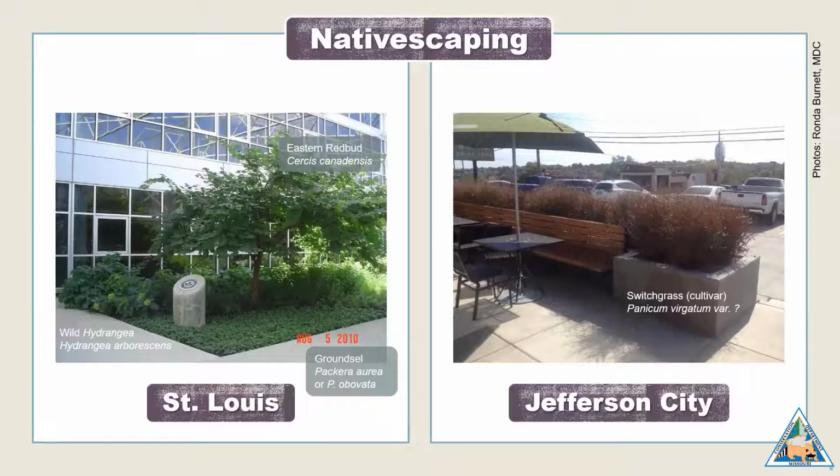wildlife than cultivars do. However, if wildlife habitat is not one of the objectives of my project, which in this example, I highly doubt that that was an objective of this particular landscape project, then a cultivar may be an acceptable option.